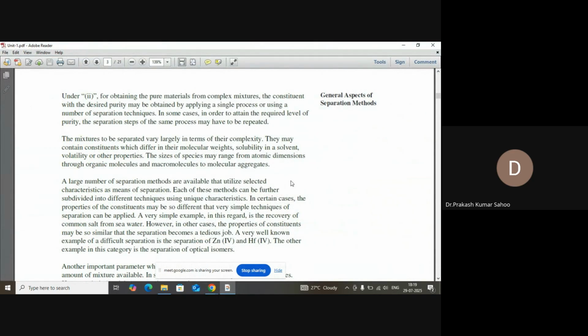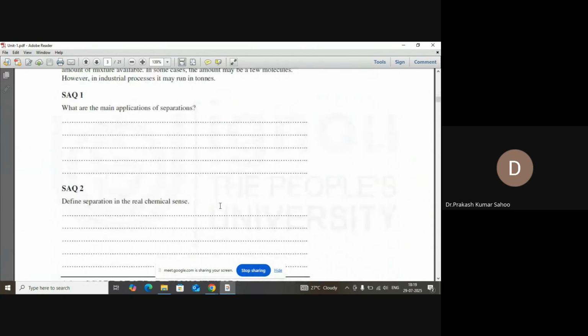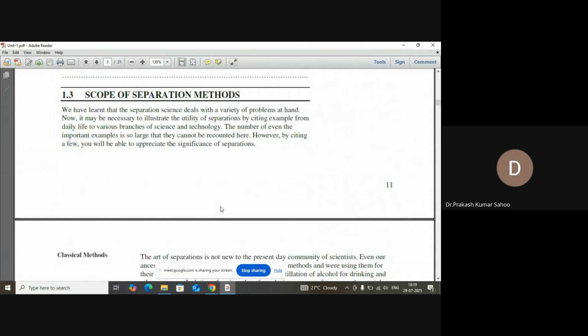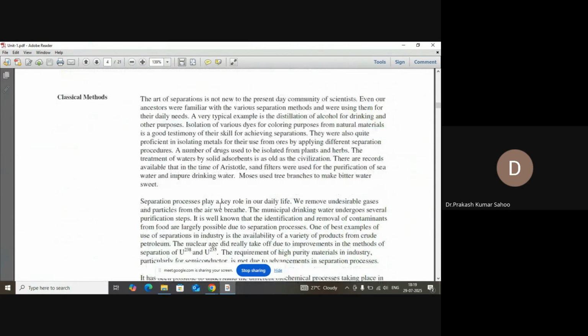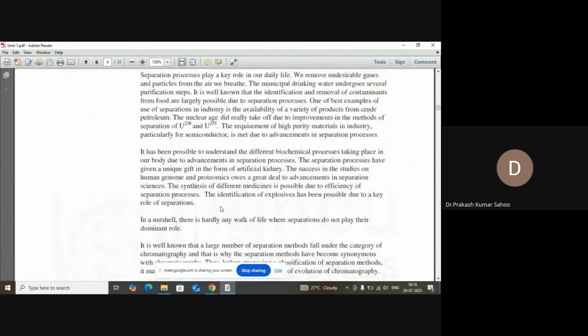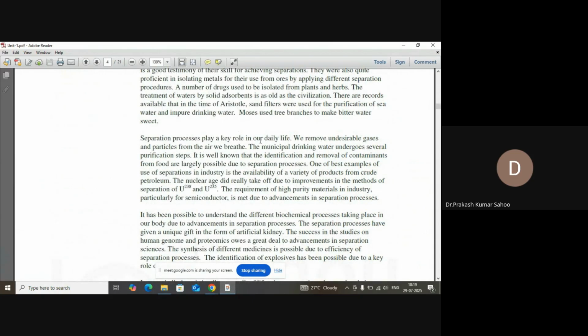I am pointing out the important points in your PDF unit 1, and these are the fundamental things, so go through them.